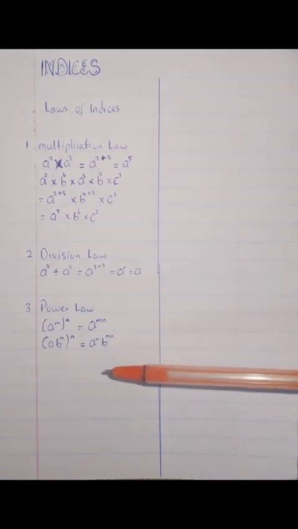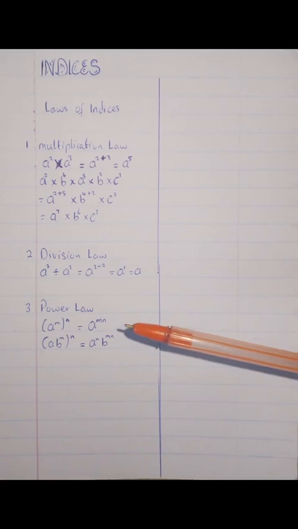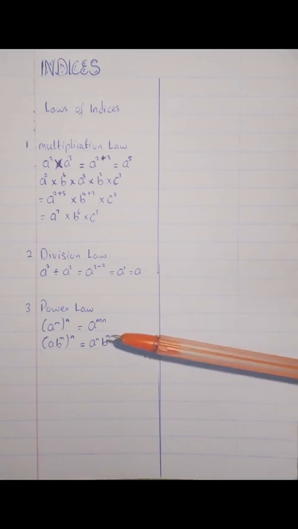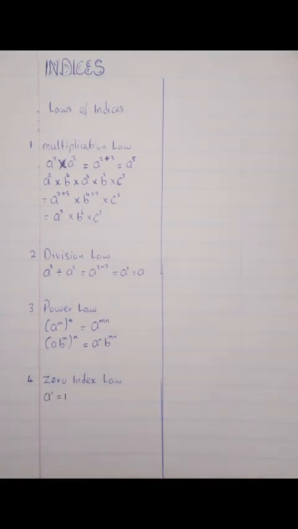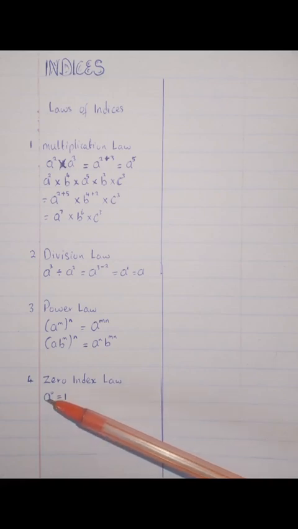The next law we'll be looking at is the zero index law. For the zero index law, it states that anything raised to the power of 0 is 1. So if we have a to the power of 0, it is equal to 1. This law only stands if a is not equal to 0.